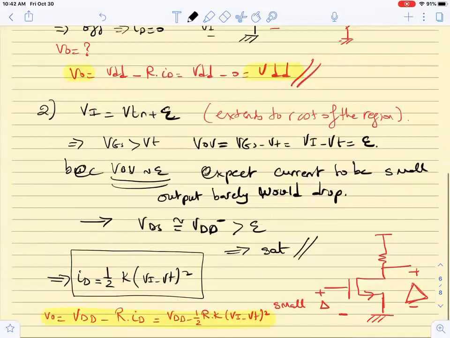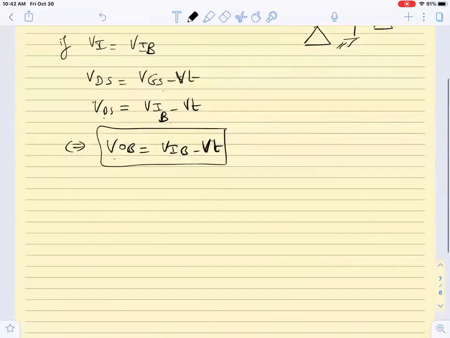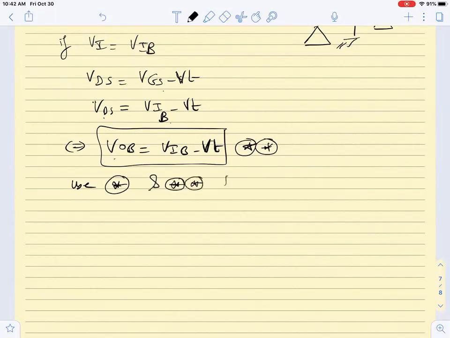Meaning, can I use the single star equation along with this double star equation to solve for VIB? What does double star tell me?